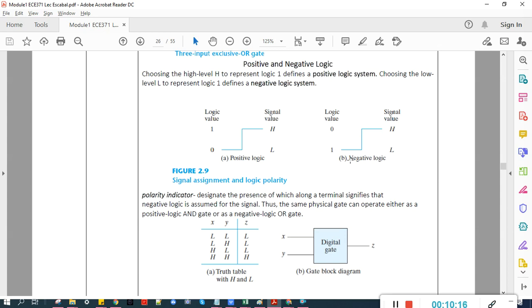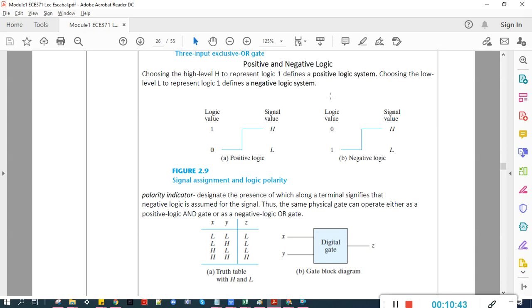This is very common also in some implementations. Negative logic system is sometimes used, and it is more commonly known as an active high signal, for example.